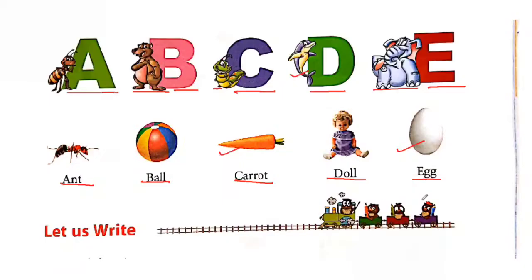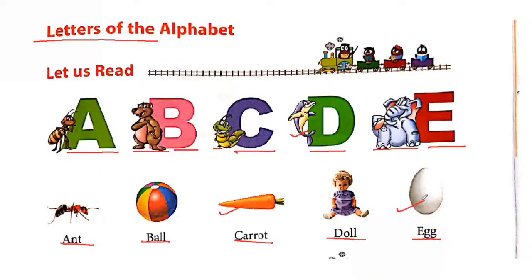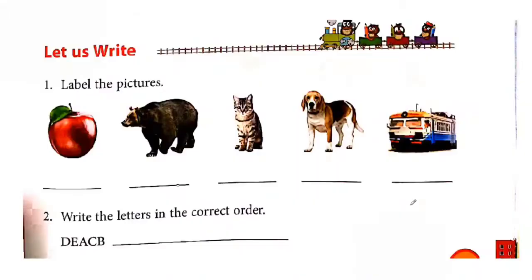So, A, B, C, D and E. Now next letters. Let us write. We have learned A, B, C, D and E. So according to that, we have some questions given below.